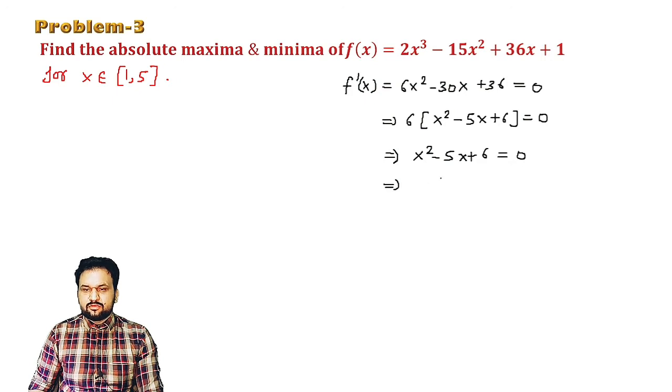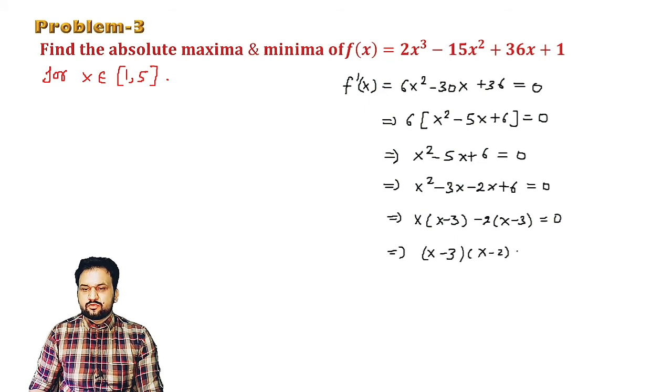So we can easily solve this equation: x square minus 3x minus 2x plus 6 equal to 0. Taking x common and minus 2 common, you get two factors, x minus 3 and x minus 2. You can see the value of x is 3 as well as x equal to 2. Here you got 2 values, one is x equal to 3 and the other is x equal to 2. Clear.